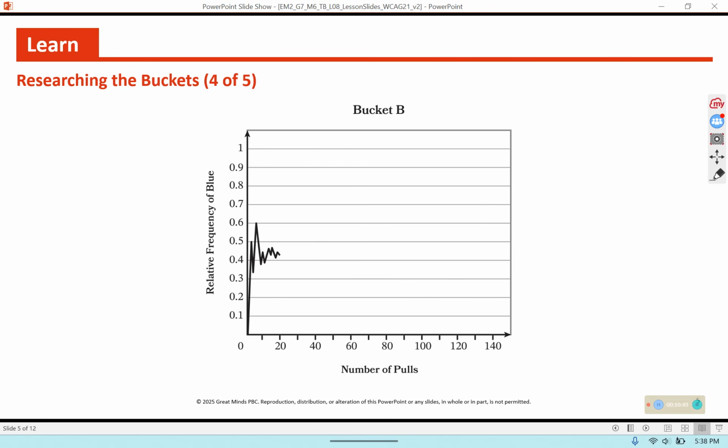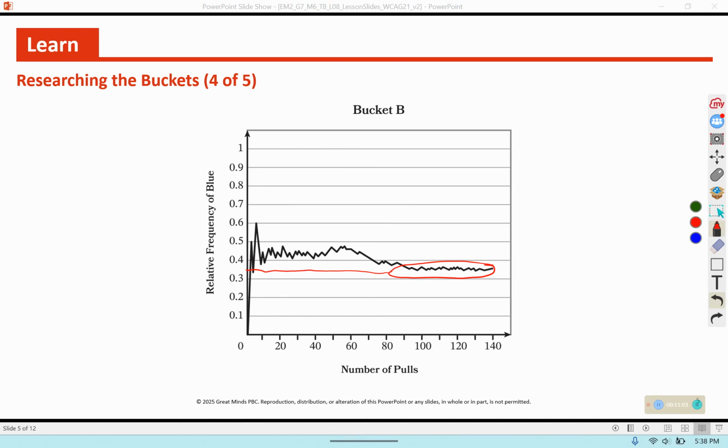Let's look at what would happen with bucket B. If they did 140 pulls from bucket B, you can see that this one's starting to head towards about 0.35 or 0.3, between 0.3 and 0.4.